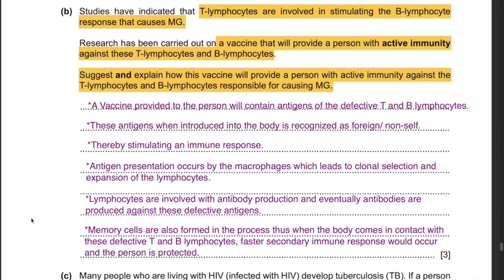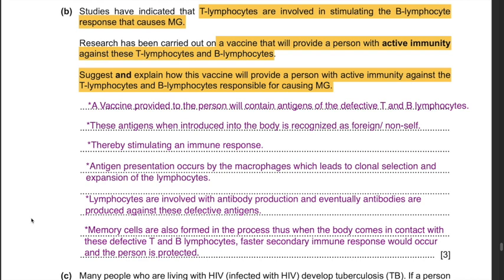Part B. Studies have indicated that T lymphocytes are involved in stimulating the B lymphocyte response that causes myasthenia gravis. Research has been carried out on a vaccine that will provide a person with active immunity against these T lymphocytes and B lymphocytes. Suggest and explain how this vaccine will provide a person with active immunity against the T lymphocytes and B lymphocytes responsible for causing myasthenia gravis.